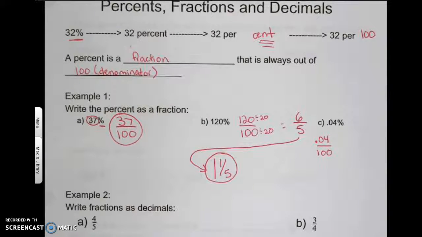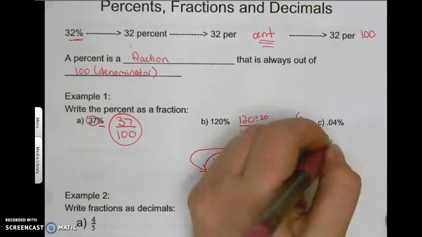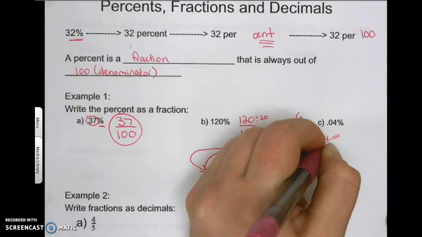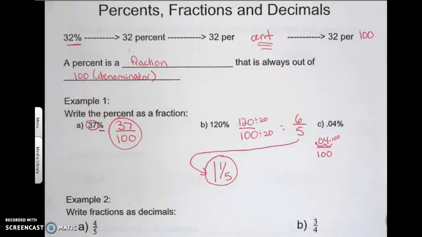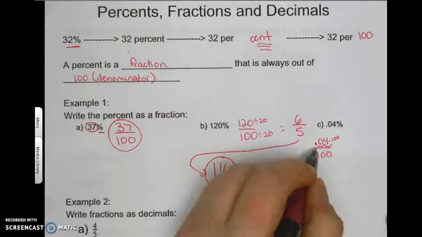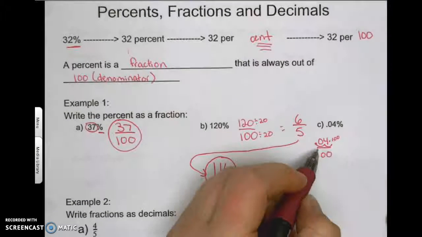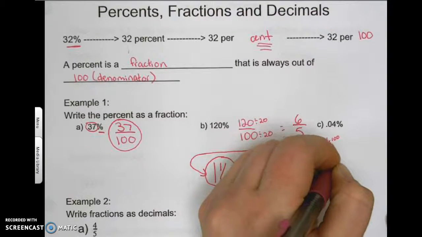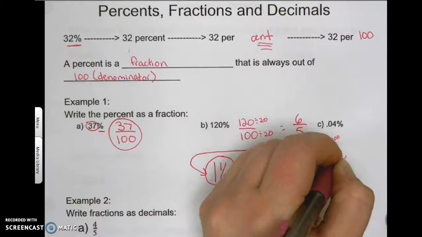The easiest way to do that is to multiply by 100 or just move that decimal 2 places over. The thing is, if I do something to the top of the fraction, I have to do the same thing to the bottom. So since I moved the decimal over twice, I'm going to move the decimal over twice this way as well.